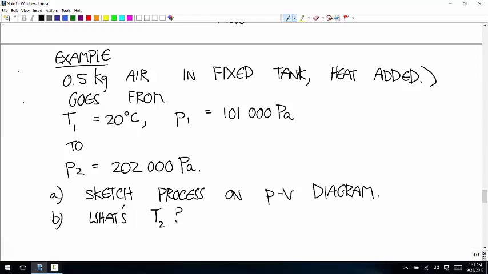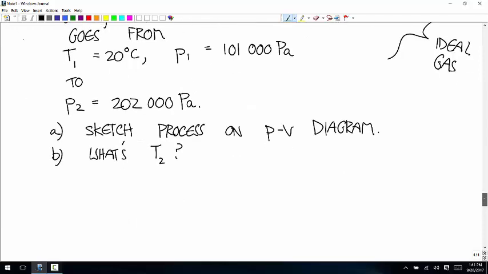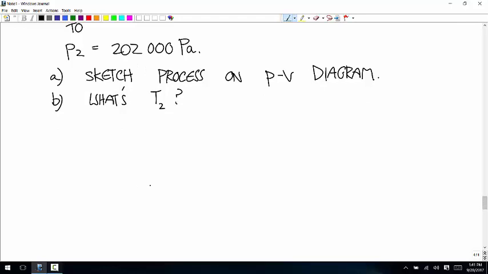And we're going to assume that this is behaving like an ideal gas. Okay, so a pressure volume diagram looks like this. That's what the projection of the vapor dome looks like. This is the critical pressure.